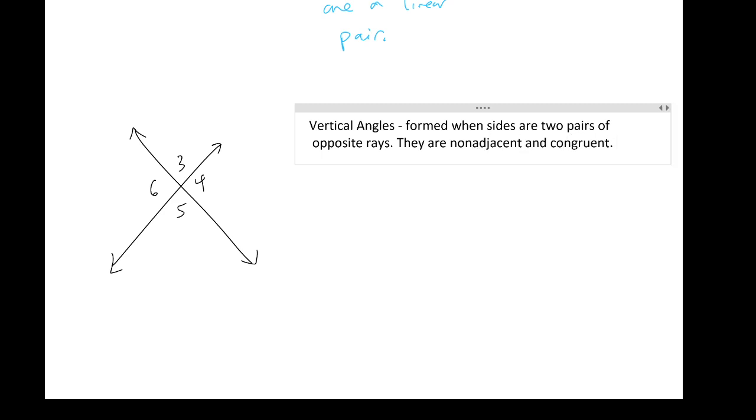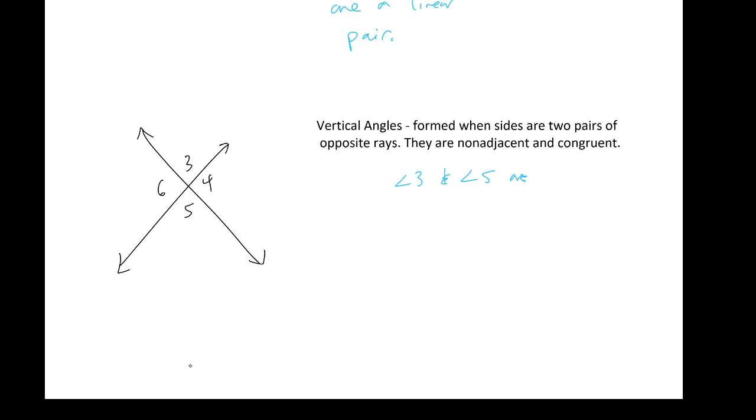Okay, so there's this notion of what is vertical, right? A vertical line is going to be straight up and down, right? The y-axis is the straight up and down line. So this guy right here, 3 and 5, should be the very obvious vertical angles. But I want us to study what 3 and 5 do, how the relationship is, so that we can identify the other pair of vertical angles.